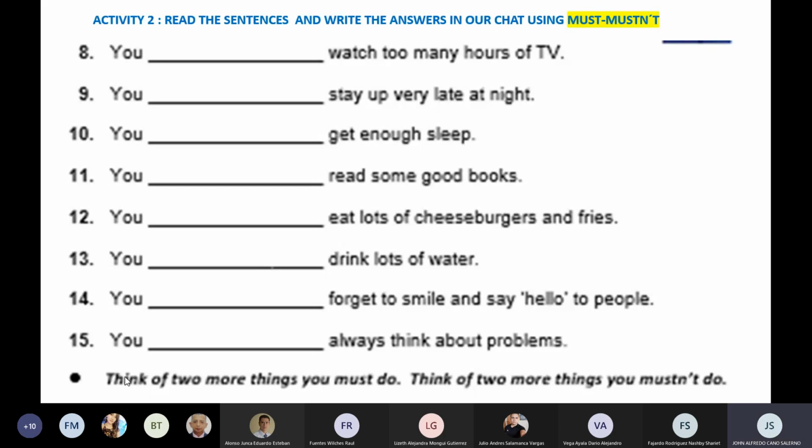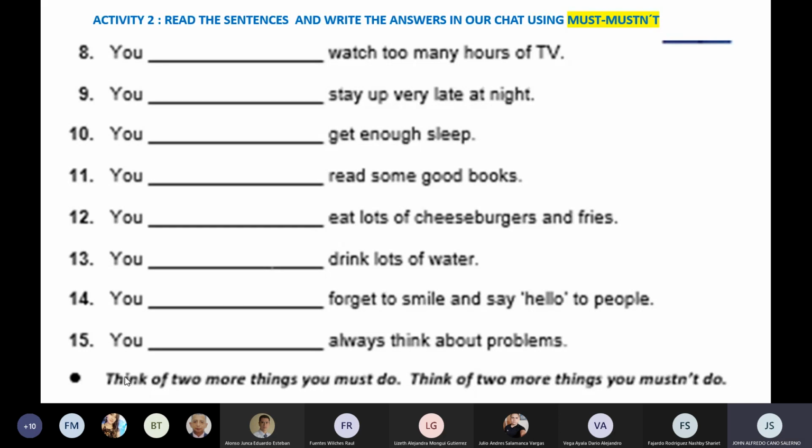Get enough sleep. What do you think? Number 10. It's like conseguir el suficiente sueño. O tener el suficiente sueño. Must. Okay.